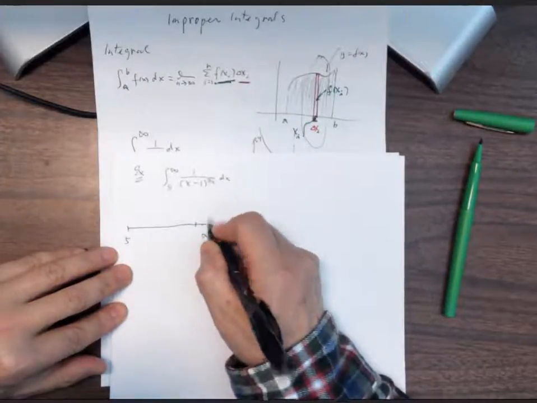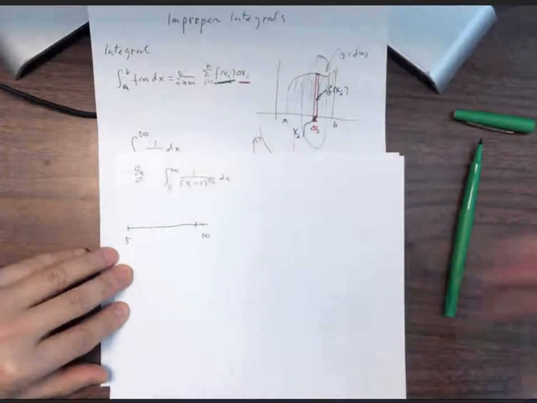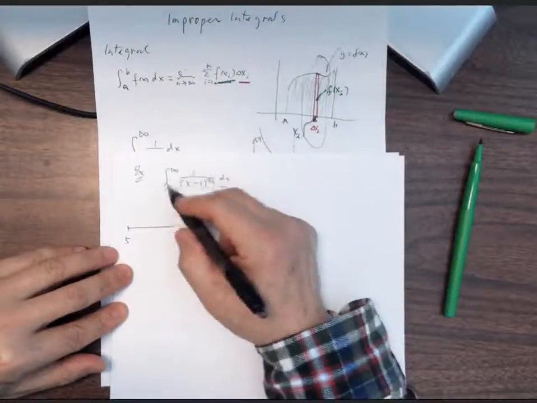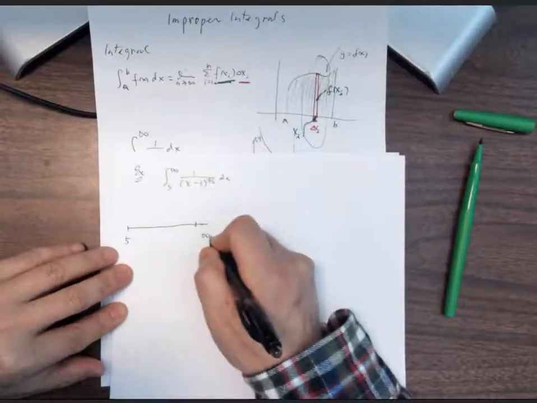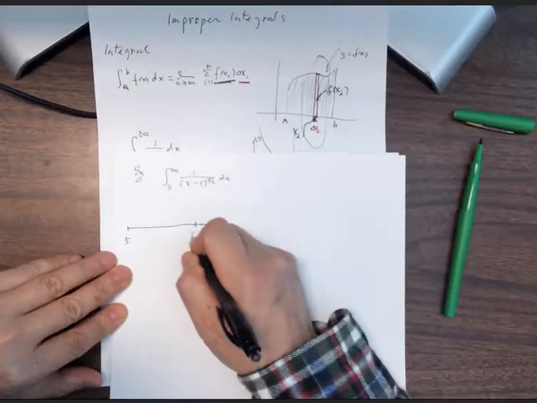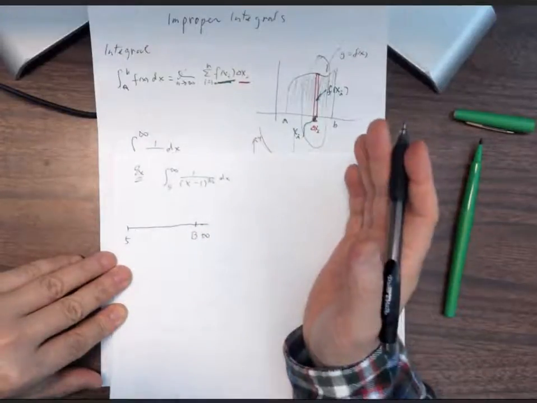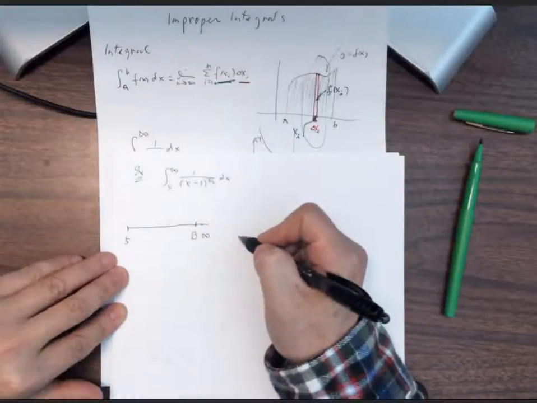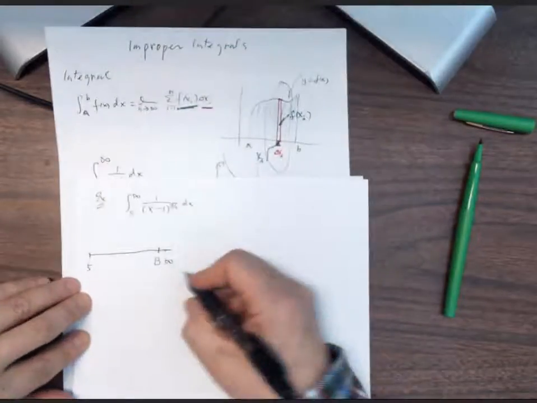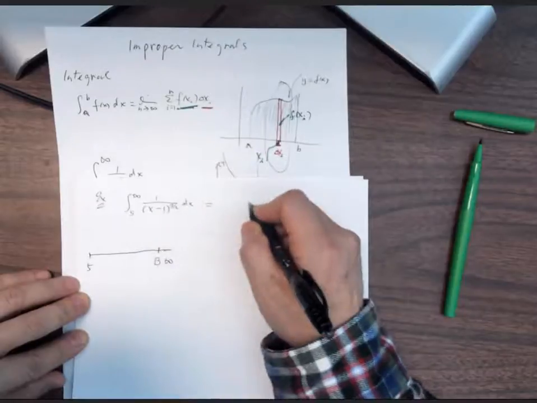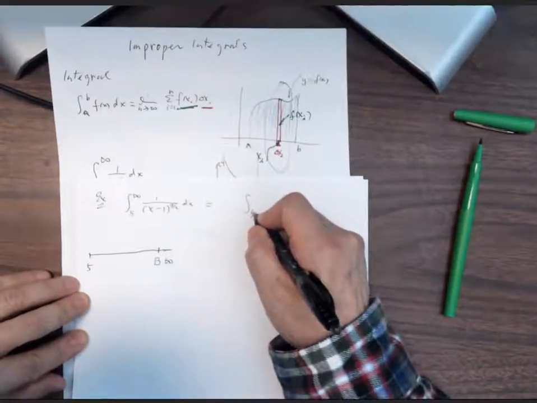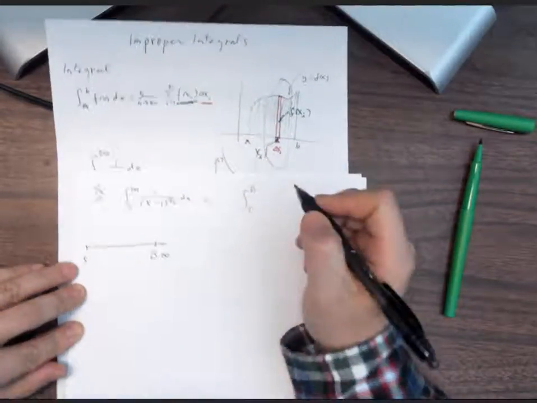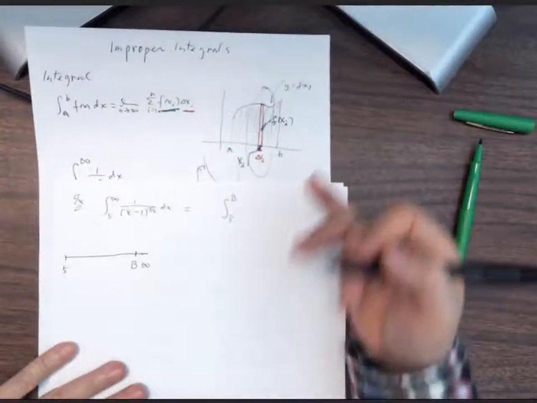Now, infinity, of course, is the thing that causes trouble, making this improper. So I'll avoid this infinity. I'm not going to go all the way to infinity. I'll go from 5 to b first. So again, this number 9 shows me how to set up the integral. So I'm integrating from 5 to b first.